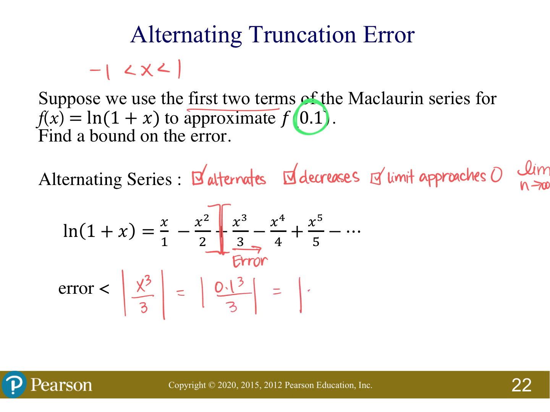That must be 0.001 over 3, which is 0.0003 repeating. In other words, my error will never be more than 3 10,000ths of a decimal point.